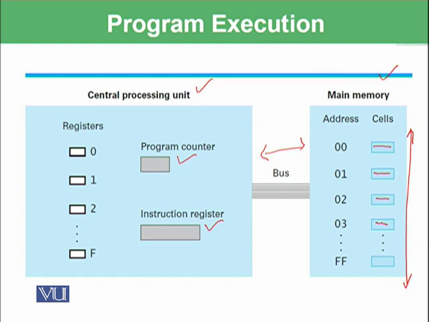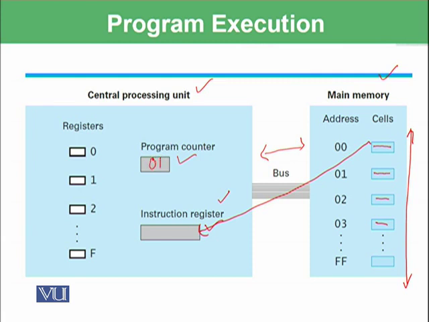In the start, the program counter holds the address of the first location from which the instruction is to be fetched, and the instruction register will hold this instruction, the content of the cell at address 00. As soon as the instruction is fetched and placed within the instruction register, the program counter is incremented by 1 or by 2.